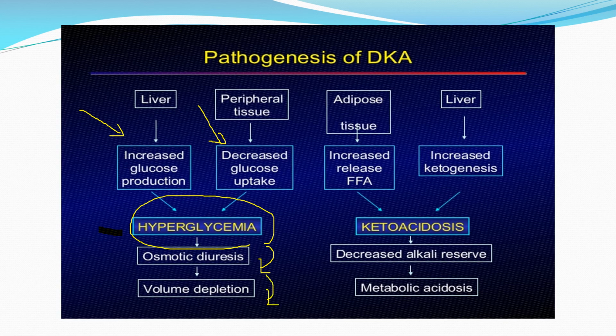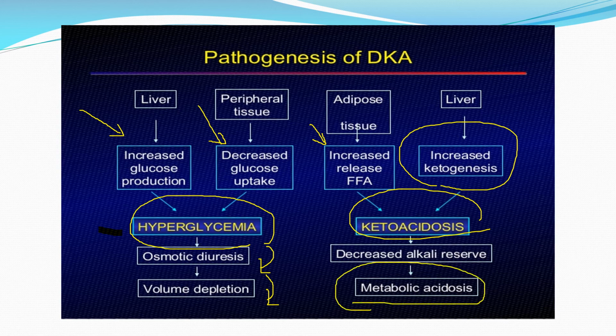Ketoacidosis results from lipolysis and an increase in the production of fatty acids going to the liver, with increased production of ketone bodies. This will result in depletion of the alkali reserve, and eventually metabolic acidosis.